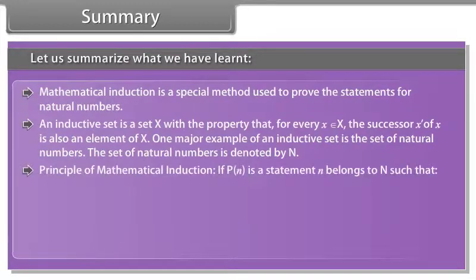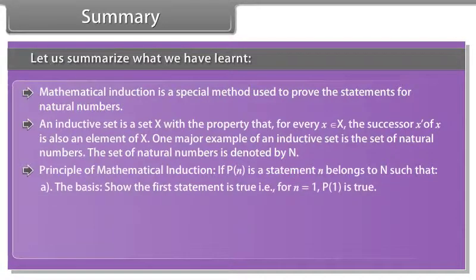Principle of mathematical induction. If Pn is a statement, n belongs to capital N, such that the basis: the first statement is true, that is, for n is equal to 1, P1 is true.